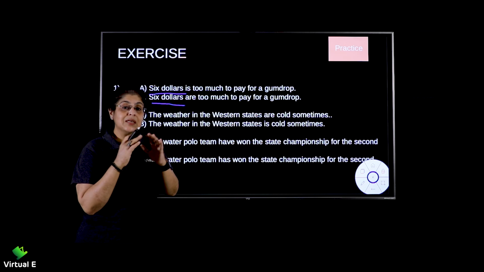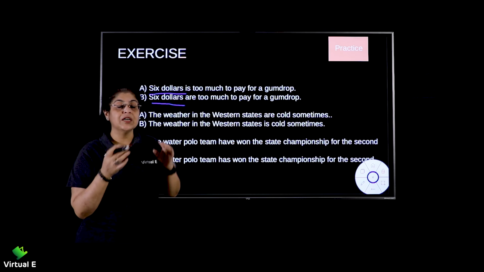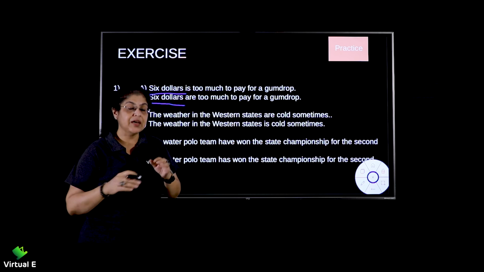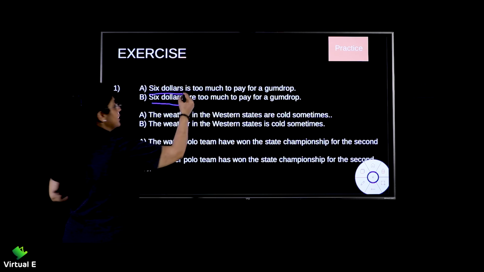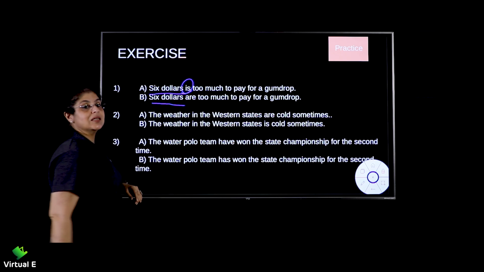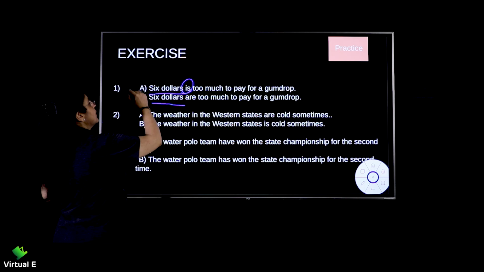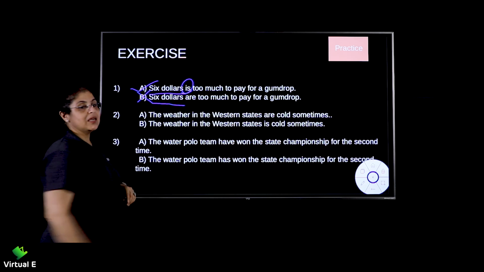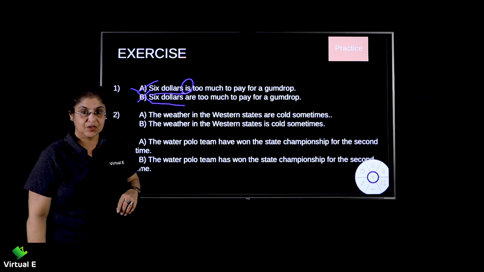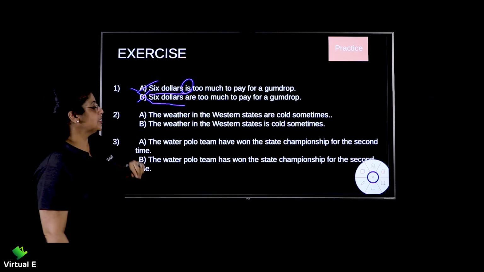You have to consider it as one. You don't count it separately. So you take it as one unit, and because we take it as one unit, we will take the singular verb. So your sentence A is correct, your sentence B is incorrect. Right? Moving to the next.